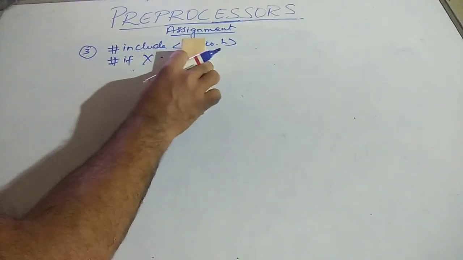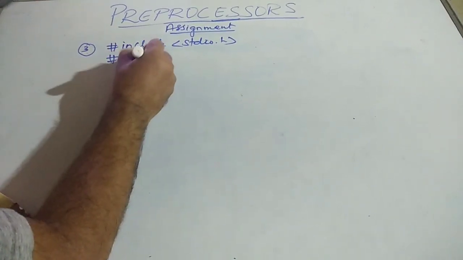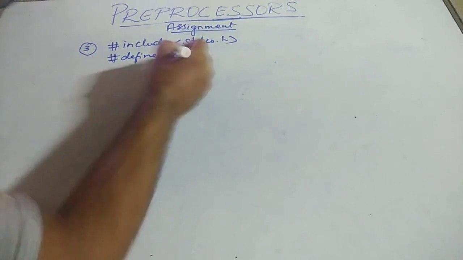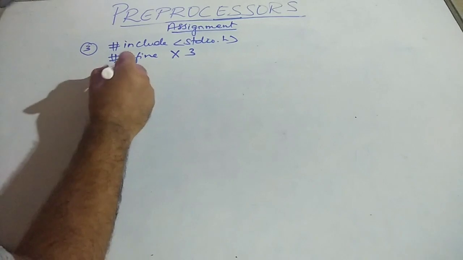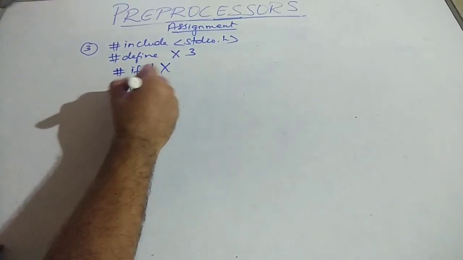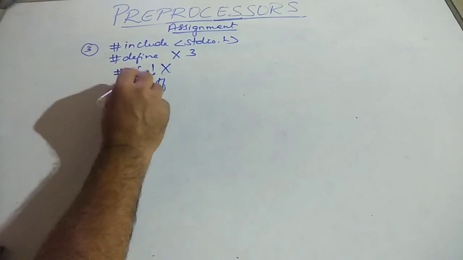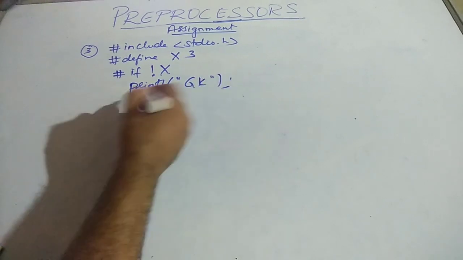Right. Hash define x as 3. So wherever you get x, replace by 3. Hash if not x, printf not is opposite. Printf, I'll say print gk.